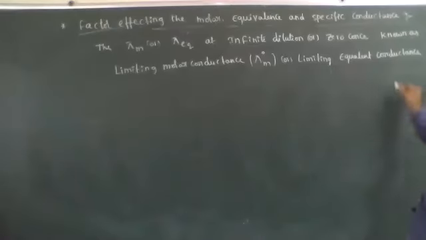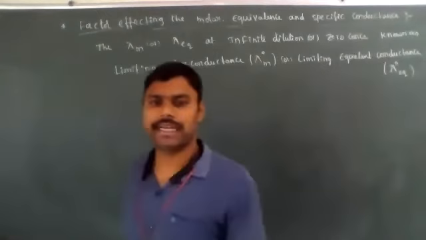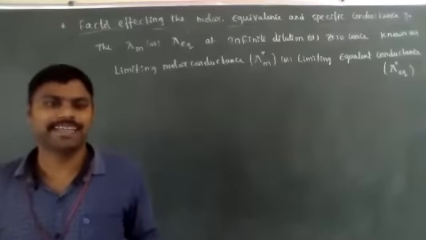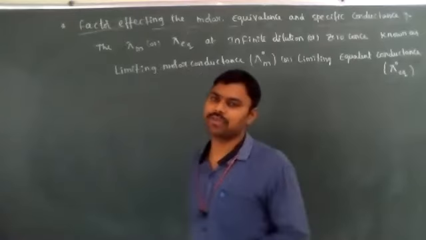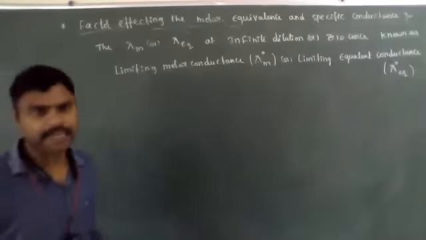Limiting equivalent conductance, the symbol is pi naught equivalent conductance. For weak electrolytes, molar conductance as well as equivalent conductance can be determined by using Kohlrausch law at infinite dilution.